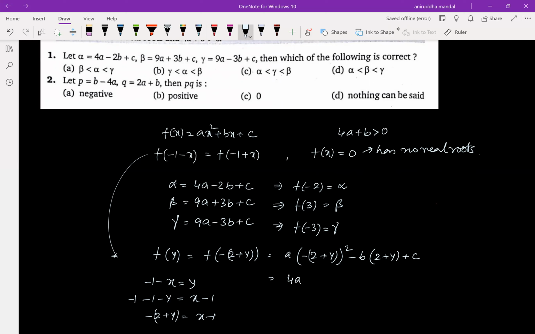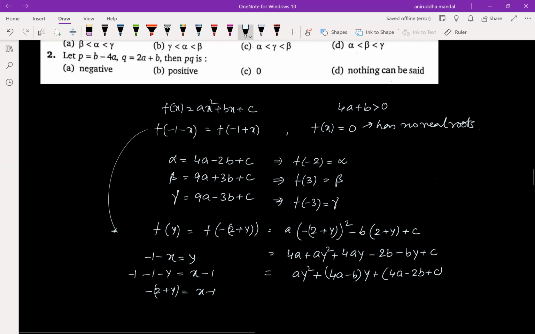So you'll get 4a plus ay square plus 4ay minus 2b minus 2y plus by plus c. So ay square plus 4a minus b times y, and the last portion is 4a minus 2b plus c.